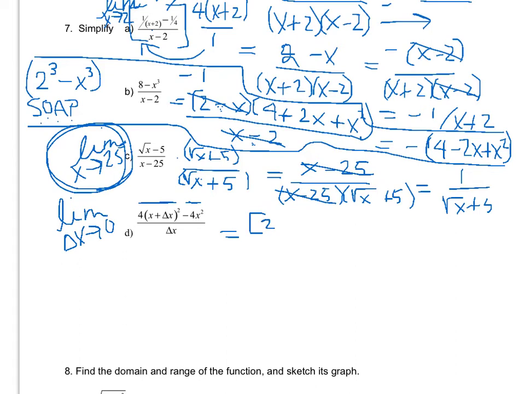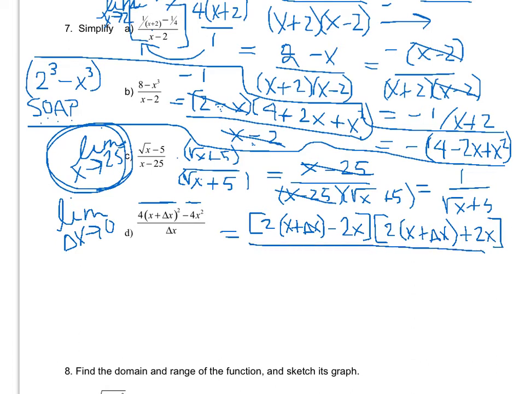Square root of x plus delta x squared is x plus delta x minus the square root of that last term, which is 2x. And then you have that same front term plus 2x. And it's still all over delta x.